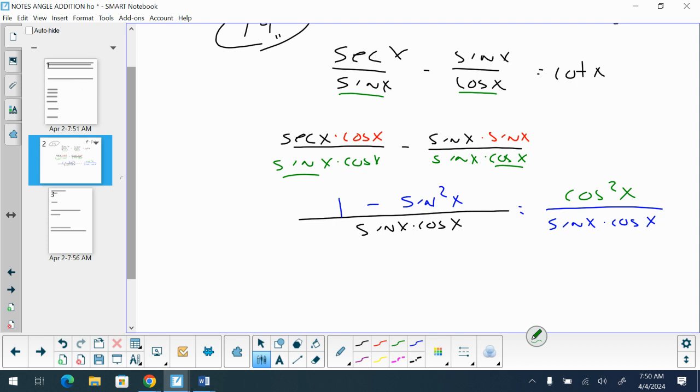What can I cancel? One of the cosines. This goes with that. Since I have multiplication down here, I'm able to do that. So what we're left with now is cosine of x over sine of x, which is equal to cosine over sine, cotangent.